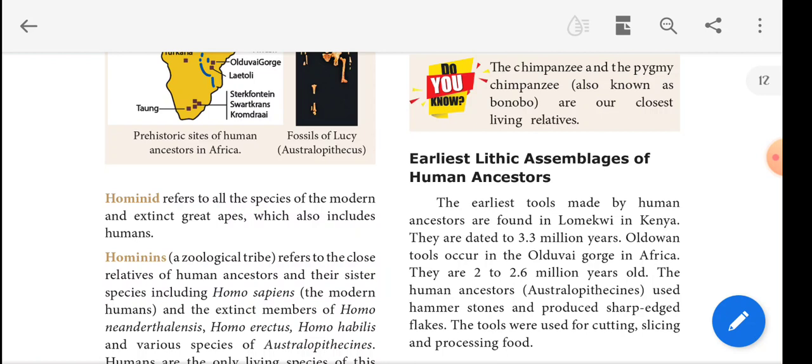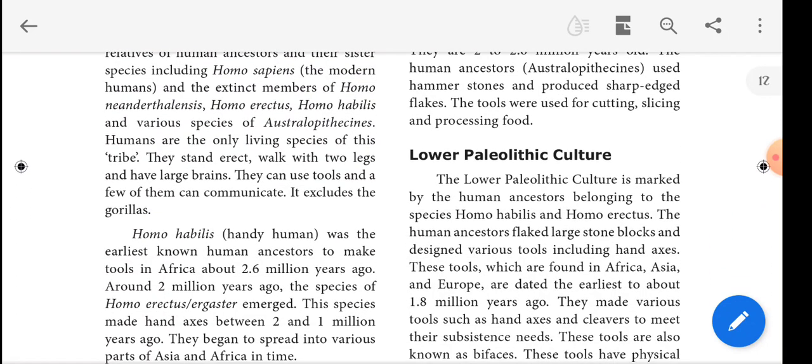So we call it the Stone Age. And this Stone Age is divided into 3: Paleolithic, Mesolithic, and Neolithic.